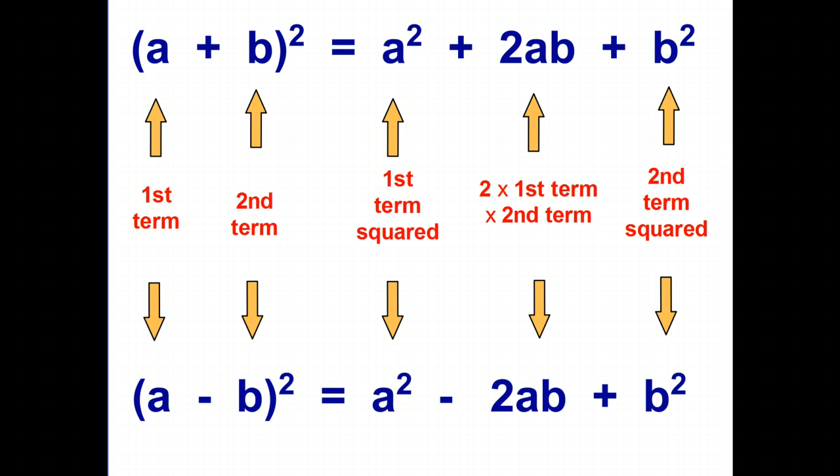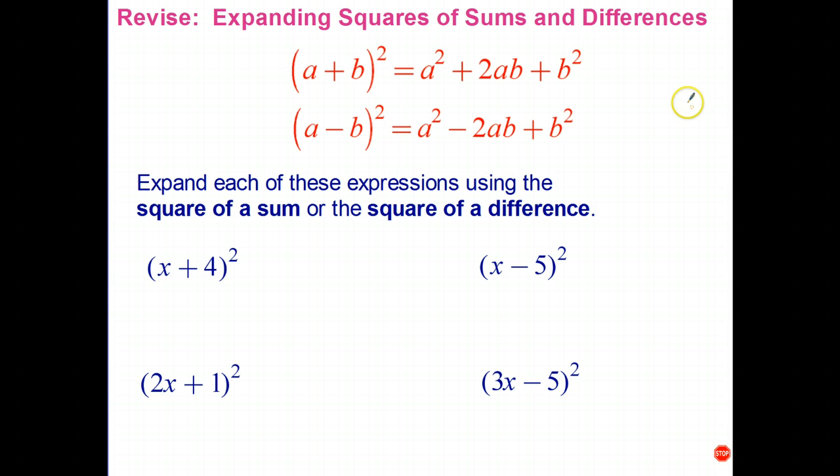So we can write the pattern as a plus b all squared equals a squared plus 2ab plus b squared. And the second rule, the square of a difference, a minus b all squared is a squared take 2ab plus b squared.